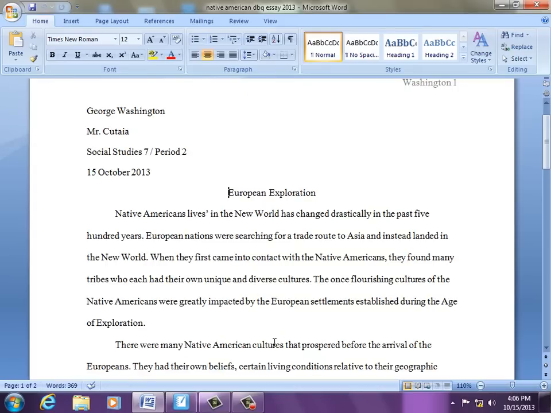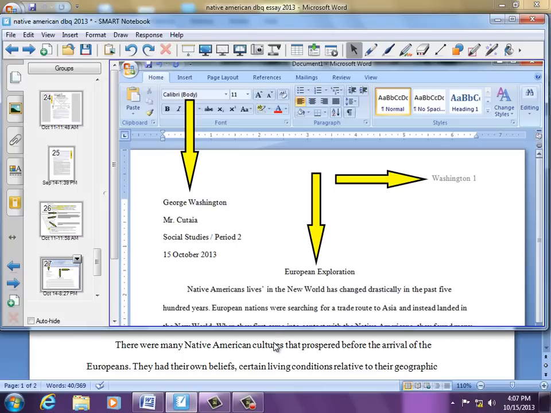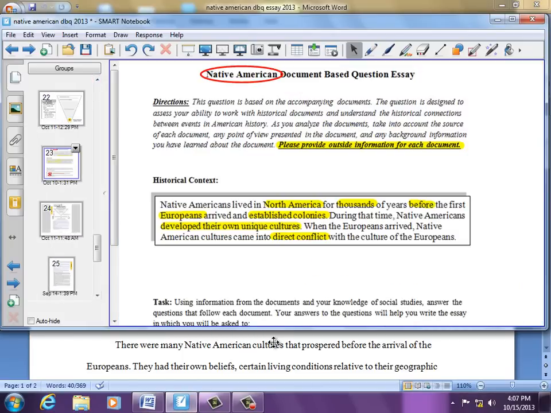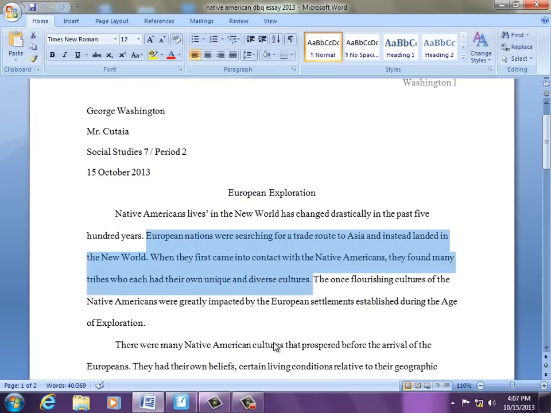So your introductory paragraph, really, independently, you had to come up with one sentence on your own, and this is the hook. The historical review. Native American lives in the New World has changed drastically in the past 500 years. The next 3 to 4, even 5 or 6 sentences is going to be restating the historical context. You take the words and the sentences that are given to you in your assignment, right here, the historical context, and you put it into your own words. European nations were searching for a trade route to Asia and instead landed in the New World.